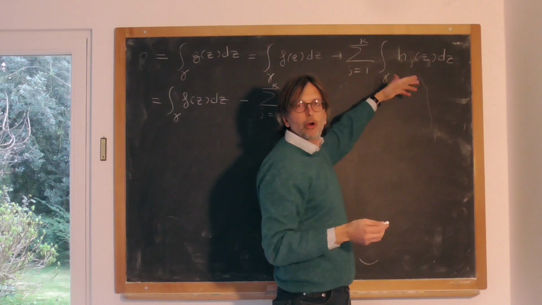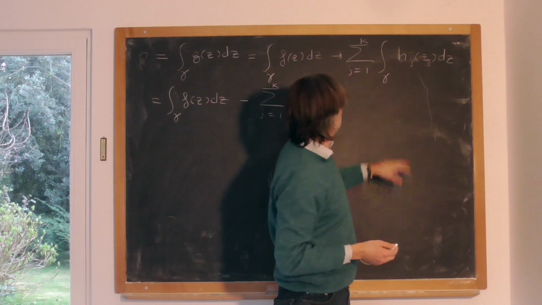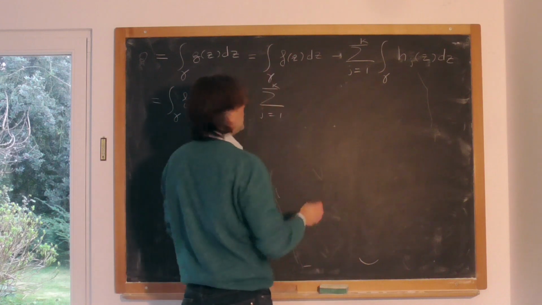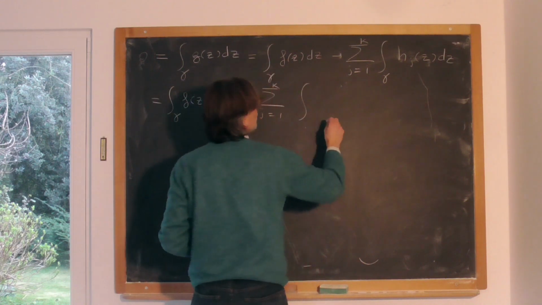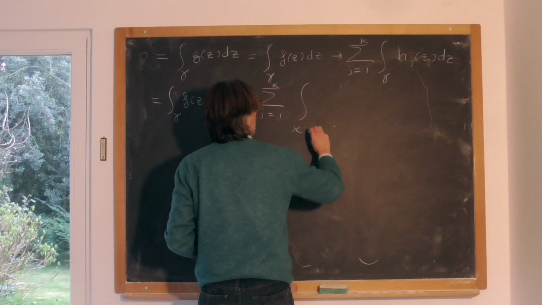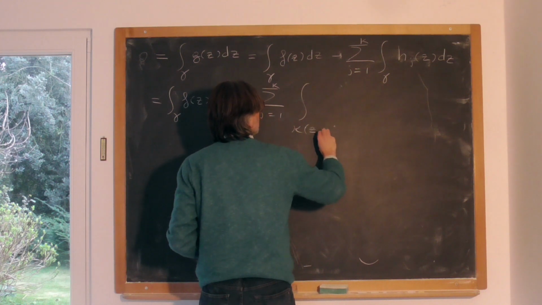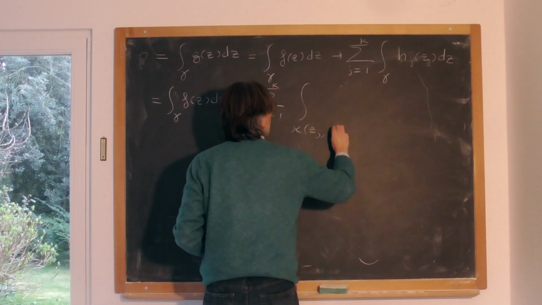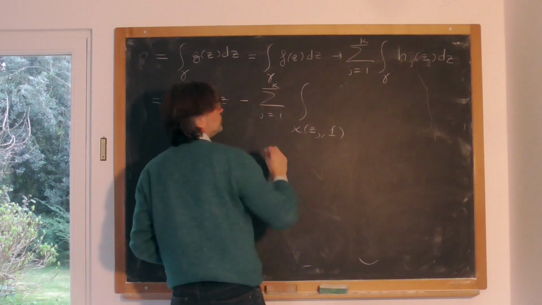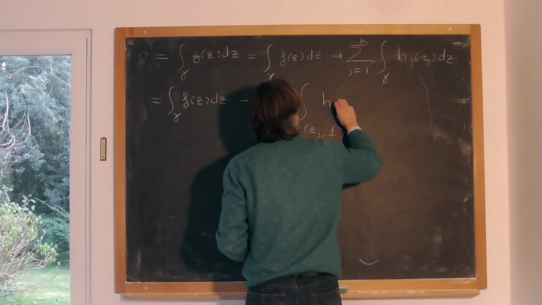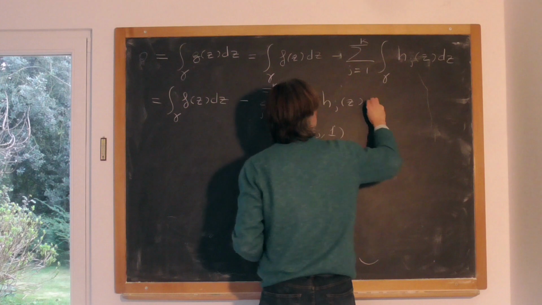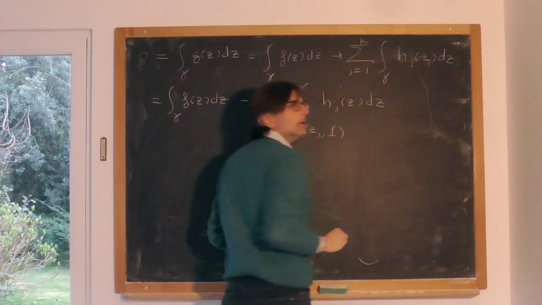So we can deform this contour, and the integral we get is the same as the integral, for instance, on the circle with center Zj and radius whatever we like, for instance 1, of Hj(z) dz. Okay?